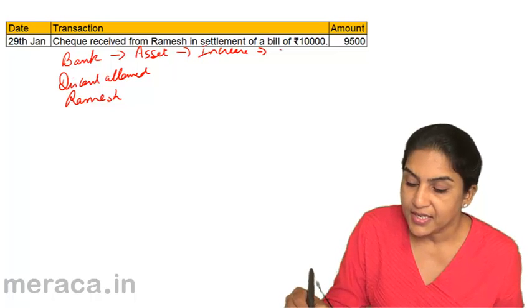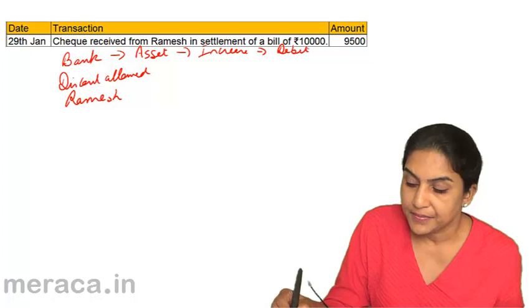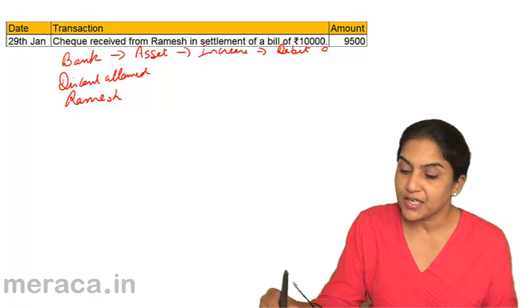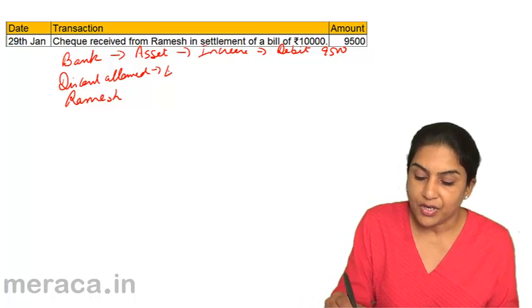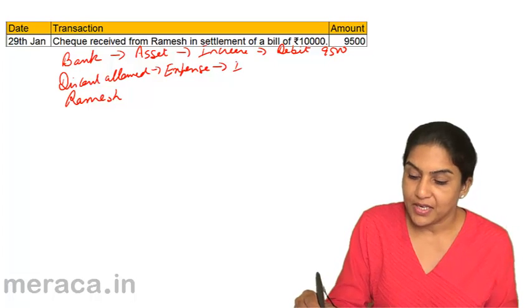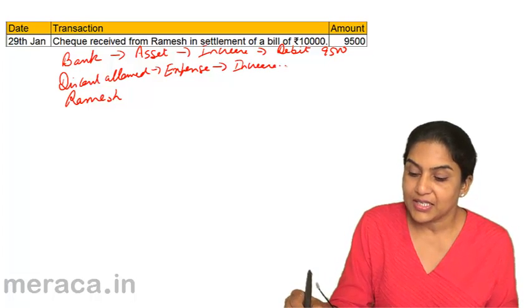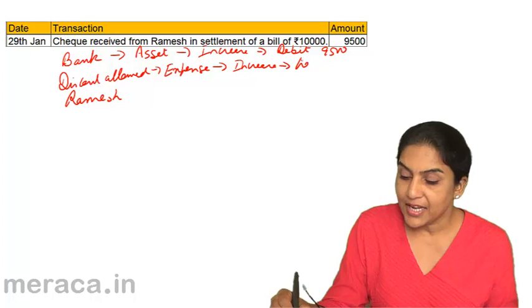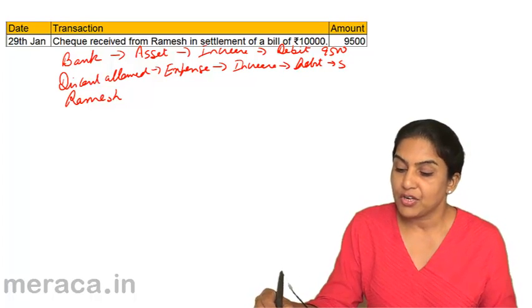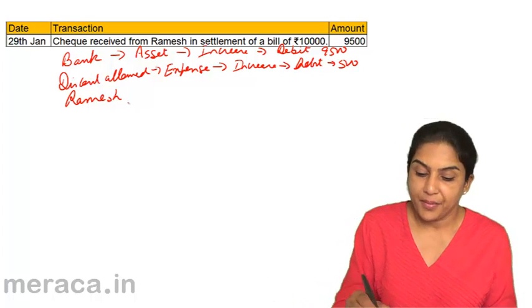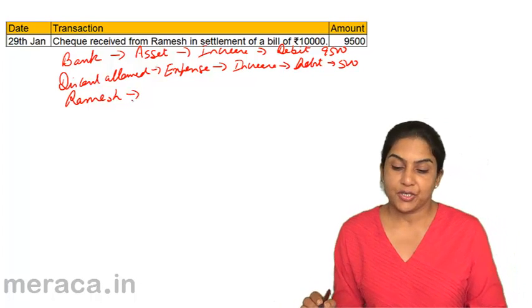Increase in asset is a debit. By how much it has increased? 9,500. What is discount allowed? Discount allowed is an expense. It has also increased. Increase in an expense is a debit. How much? 500.